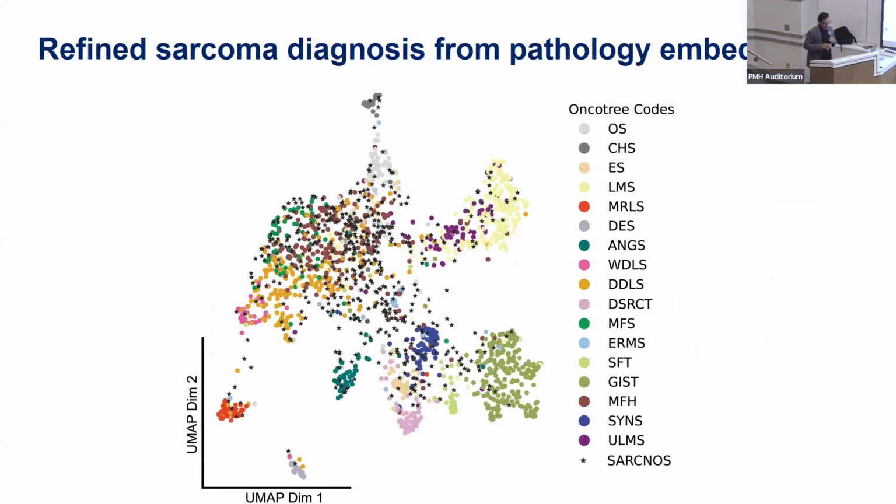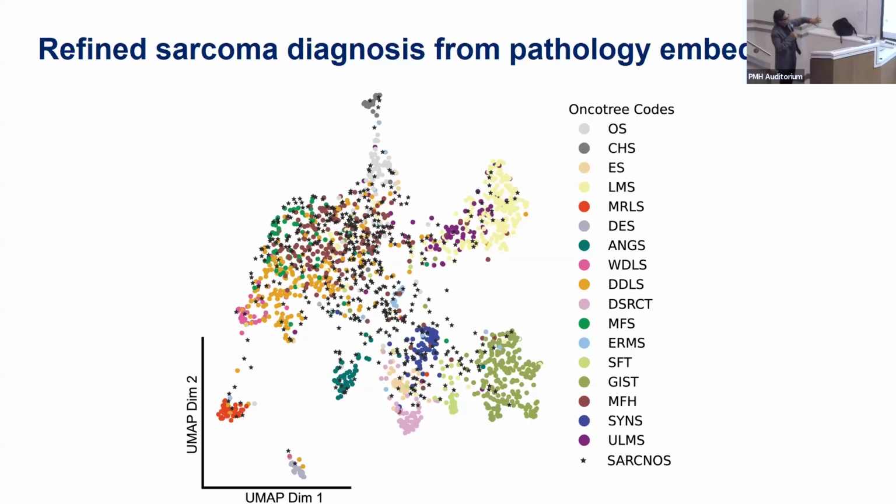Now we can get into a little more detail. This is a set of tumors where the stars represent sarcoma not otherwise specified, and you can see that these stars almost fill the whole space of the granular histological subtypes annotated here.